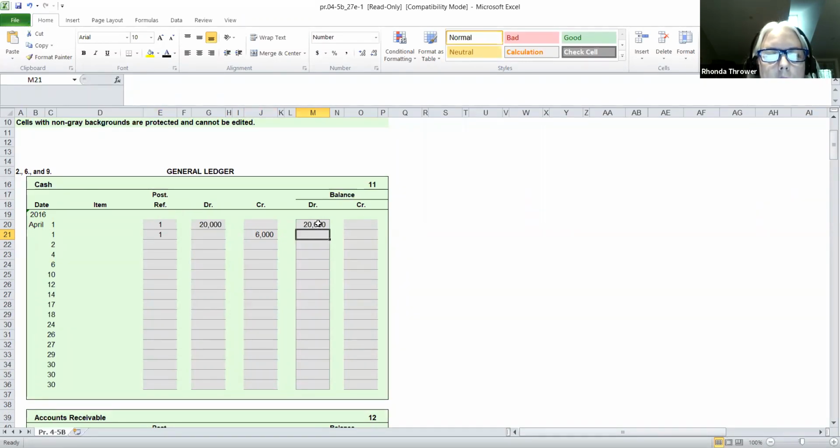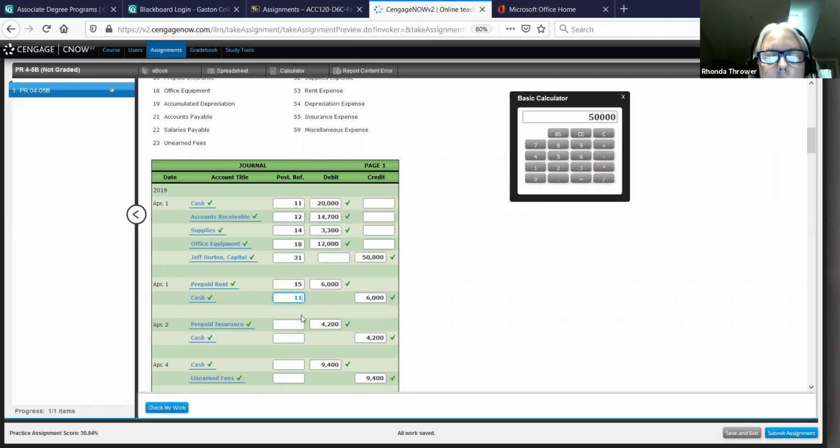What you're going to do is take $20,000 and subtract $6,000 from that to get the running balance amount of $14,000. Pick up your 1-1. And you're going to put it in your journal, and you're through posting the second April 1st transaction.